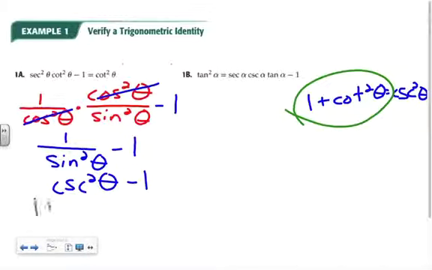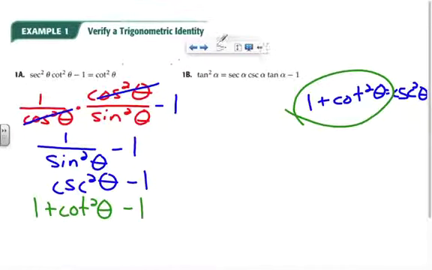And when I do that, I have 1 plus the cotangent squared of theta minus 1. And then finally, the 1's cancel out, leaving me with cotangent squared of theta, which equals the right side of my equation. I have verified that identity.